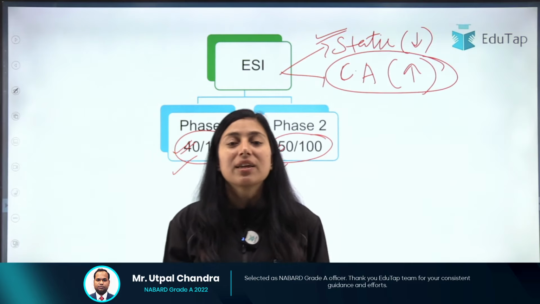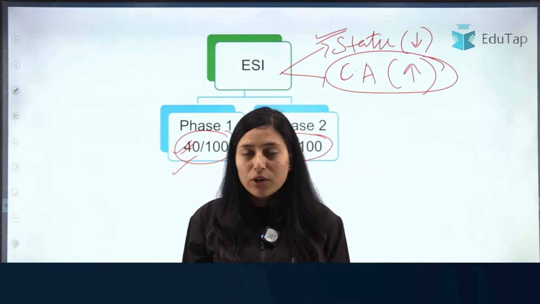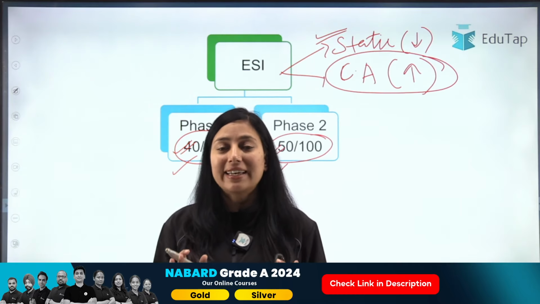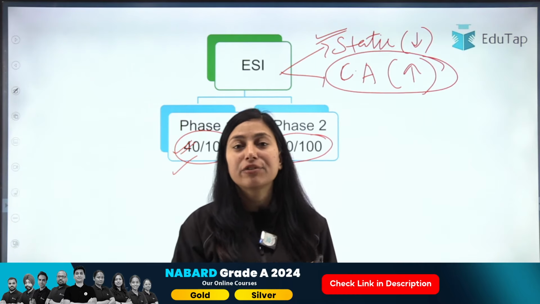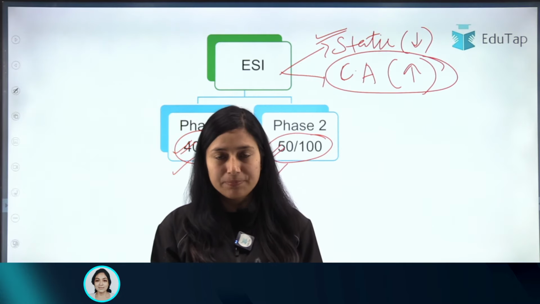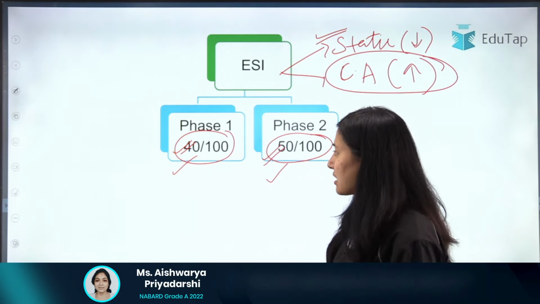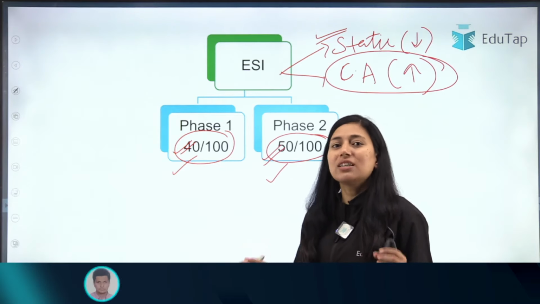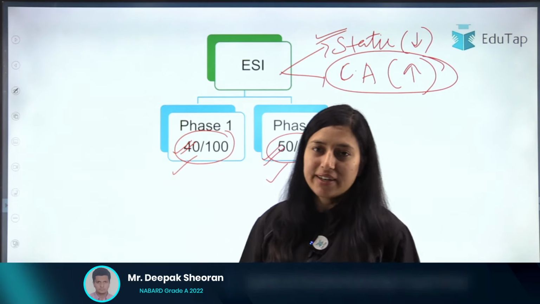And also students, static ESI is very important for answer writing. So you should have knowledge of static ESI first to understand all kinds of current affairs related to it, and next to write a descriptive answer. So you can see that ESI has whole importance in phase 1 as well as phase 2, both in objective as well as descriptive answer writing.